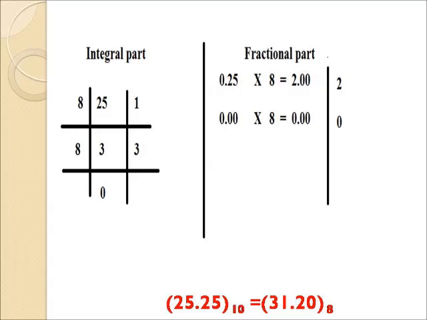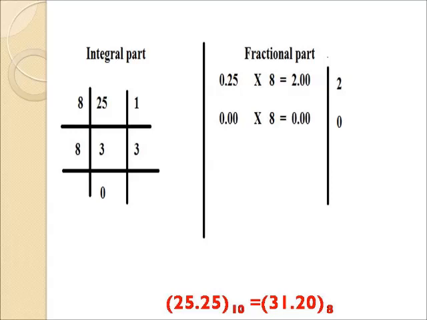Now we look into the fractional part. 0.25 is the fractional part. Here also we follow the same pattern, same procedure, but we are multiplying with 8. 0.25 into 8 gives the result 2.0.